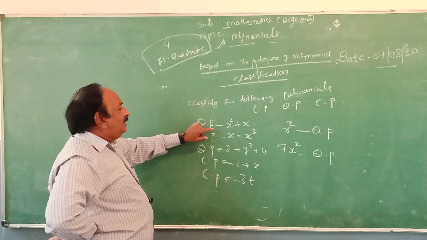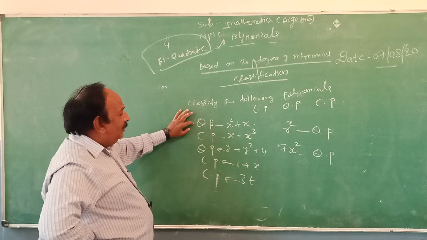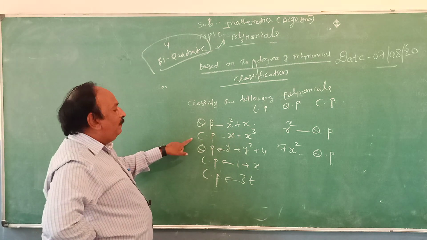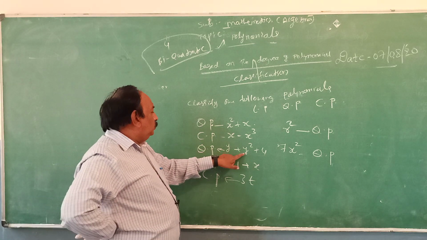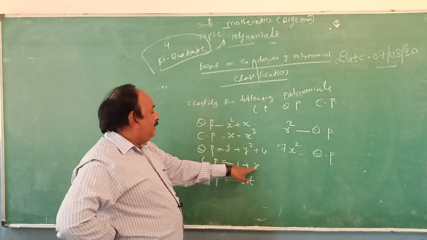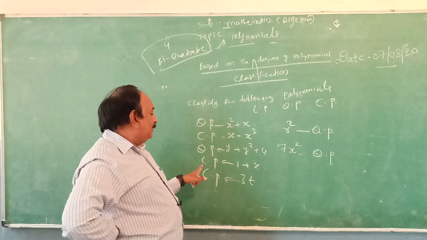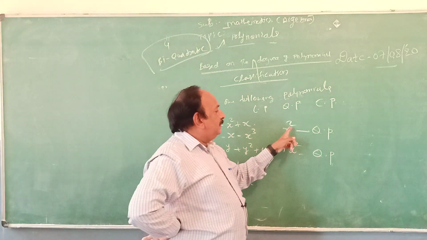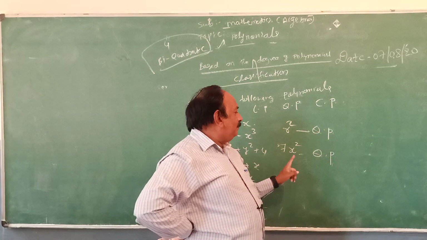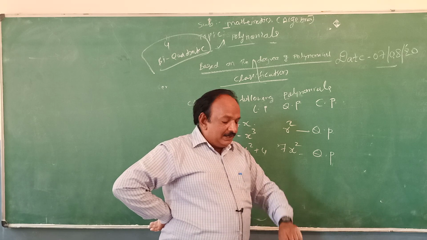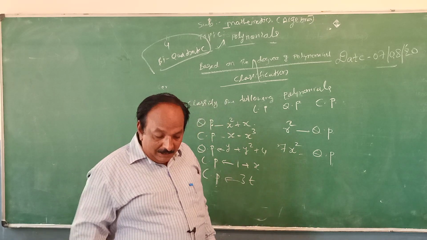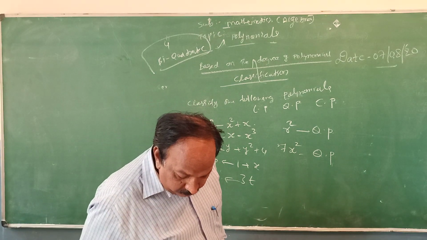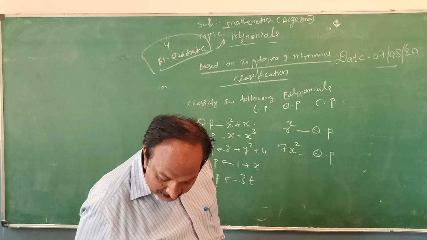Now, we will pass on to zeros of the polynomial.